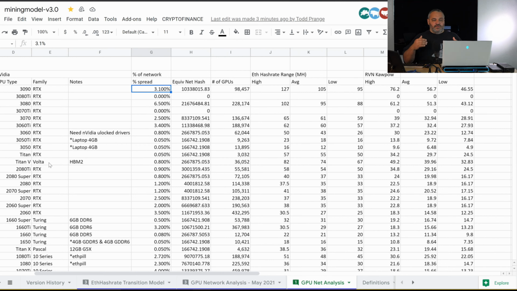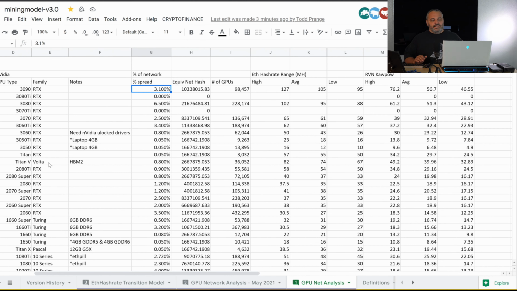So I have a rolling sheet of where I'm getting a lot of the calculations from. I'm going to add to the source tab here, which is going to be just like you would do in any kind of collegiate paper where you're citing where you are getting numbers from. But it comes down to how many GPUs have been known, at least deployed, shipped, on top of also things that are published out there, like NiceHash's numbers that they're publishing of what types of GPUs are on the brokerage service.